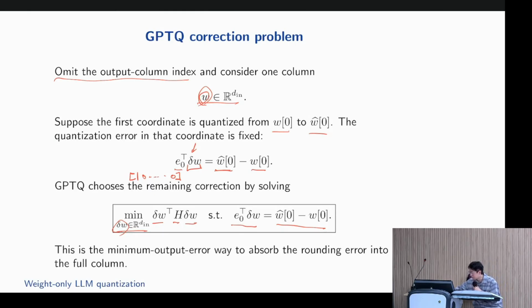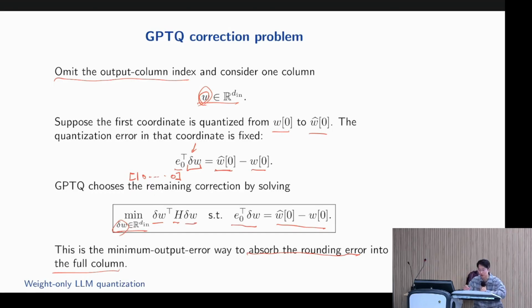So far, easy, right? And intuition-wise, you can think about it as absorbing this rounding error in the first dimension into the rest of the entries. So you create a shock in the first dimension, and you need to absorb it from other dimensions.